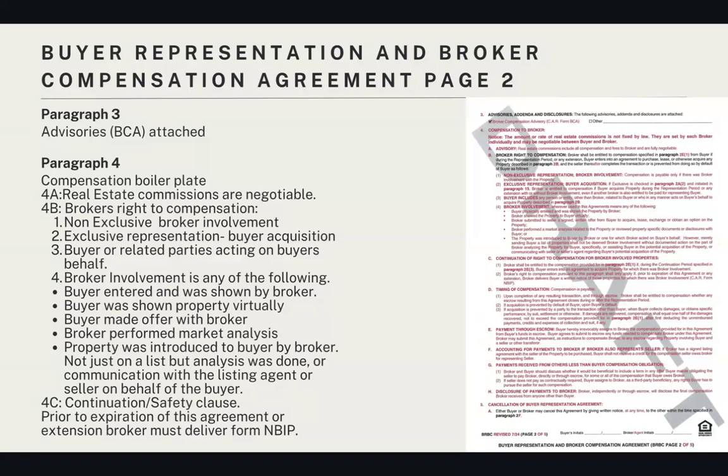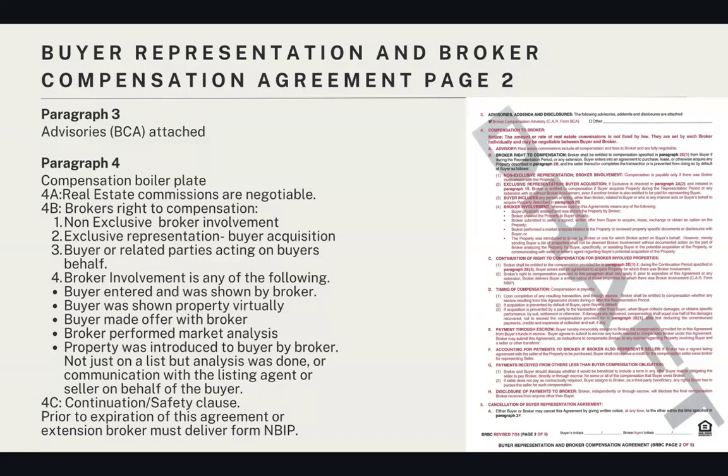Paragraph 4B, broker's right to compensation. So non-exclusive, it has to do with broker involvement. So there has to be broker involvement. Exclusive representation, if there's buyer acquisition, doesn't matter if there was broker involvement or not on an exclusive agreement, the broker is entitled to commission as long as the property is located within the defined area within the agreement.